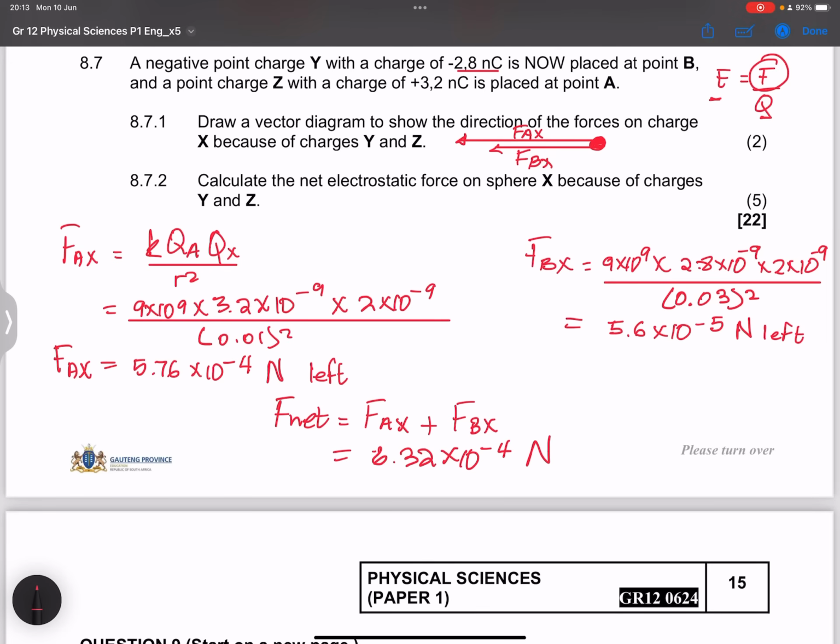So that is going to be to the left, or you can say to the west, if you wanted to use the points of a compass. Right, so in this case, that is how we're going to calculate the net electrostatic force. I hope that you understood that as we go to the next question.